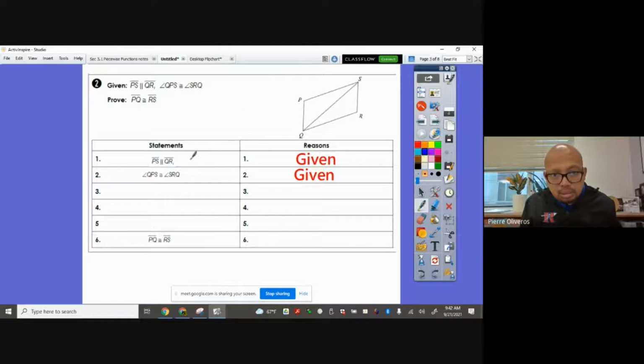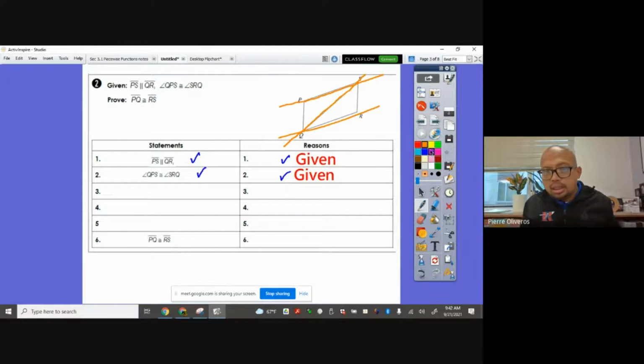So let's put that in our statement and write the reason there: given. And let's see, where's PS? PS is right here. We can extend this one so we can see it better, and QR is right here. And we know that this could be our transversal line.